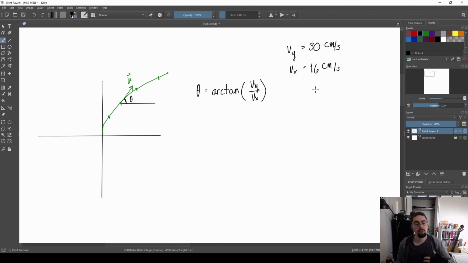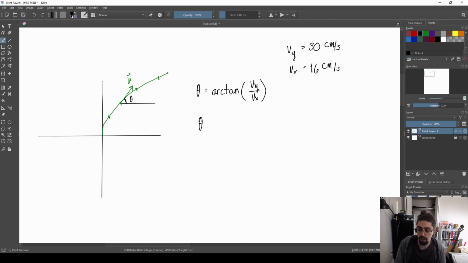If you have some more experience with these units, then I can look at this and say, hey, centimeters per second over centimeters per second, the units all cancel out. It doesn't matter what's inside of my parentheses, as long as the units match. So I'm going to leave them as 30 and 16.